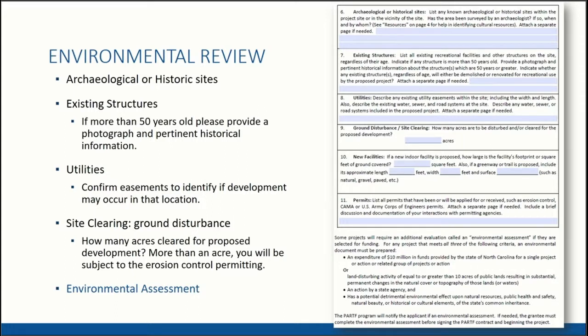So that's usually kicked in when it's a large-scale development, say you're disturbing more than 10 acres, or you're using more than $10 million in funds, or if it has a potential detrimental environmental effect upon natural, historical, cultural resources. So those are things that might be flagged. Again, if you get funding and DPR staff determines that an assessment is needed, they will contact the applicant directly and require that it be completed prior to the contract being released.